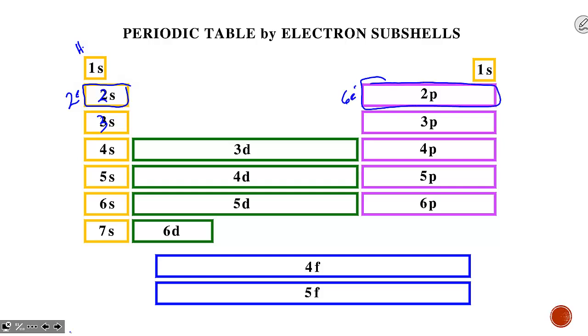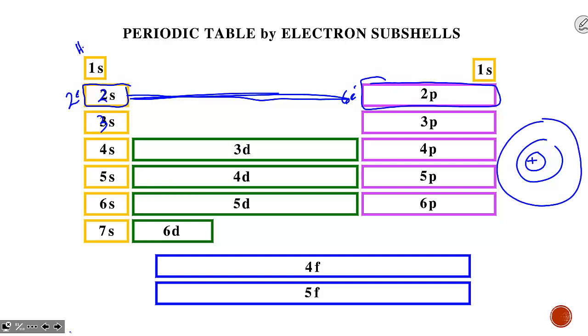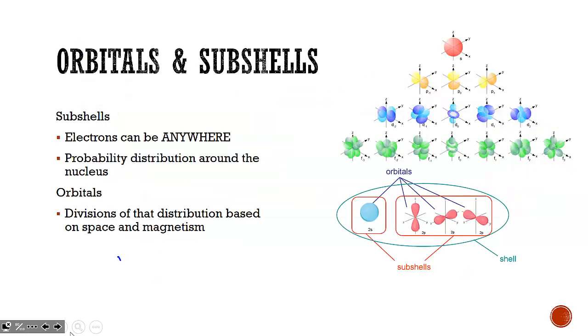The reason that they are separated from one another, even though they have electrons in the same principal energy level, in the same shell, is that the shell is divided into a section that has 2 electrons and a section that has 6 electrons.